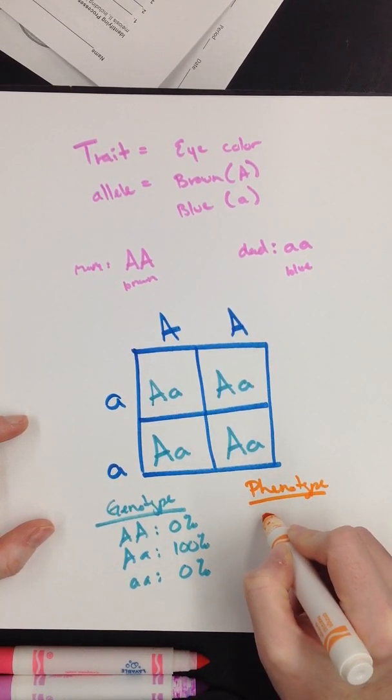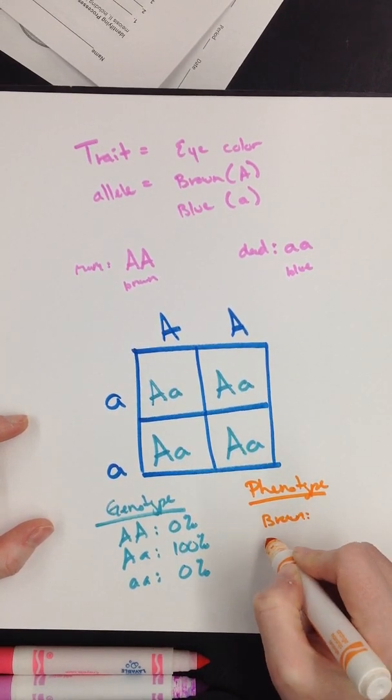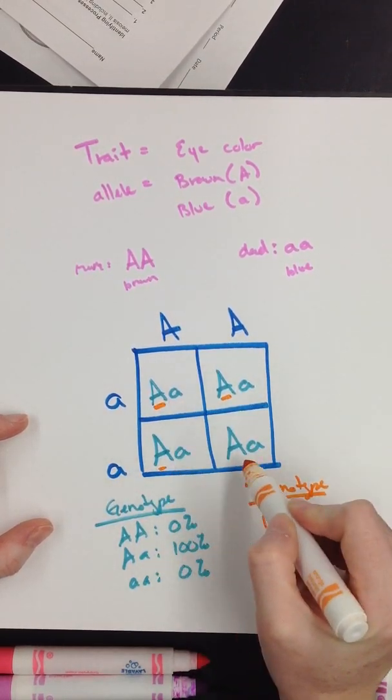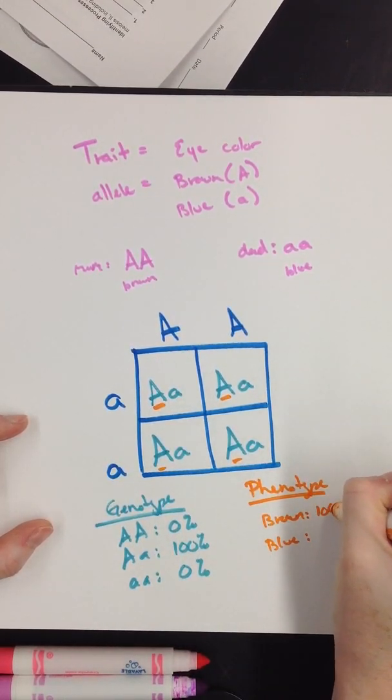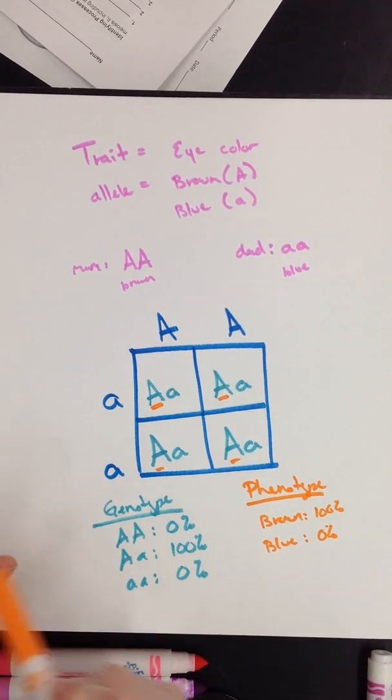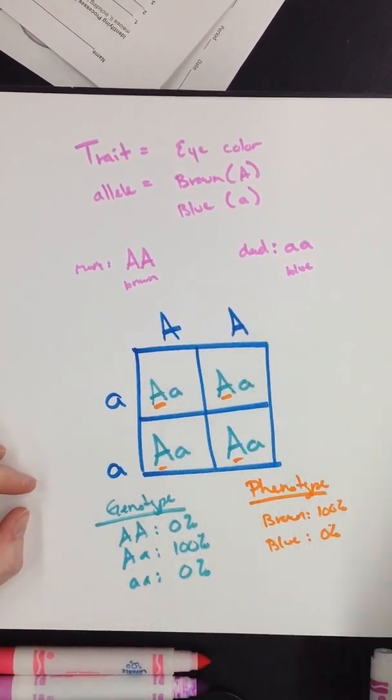And so then if I look at phenotype, remember pheno is physical. How many children are going to have brown eyes? How many children are going to have blue? All of them have at least one big letter. So that means 100% of their children will be brown-eyed, 0% will be blue-eyed. But these children will all be carriers for the blue trait.